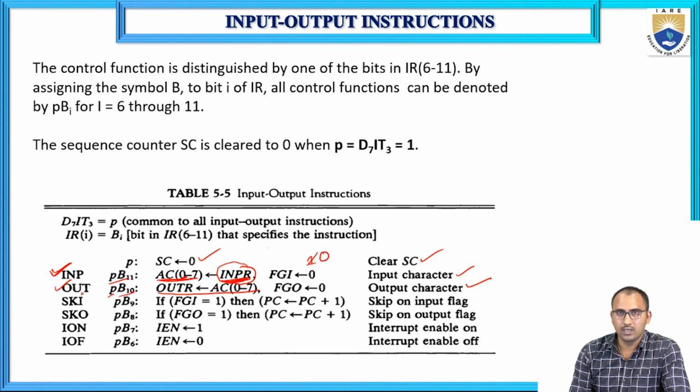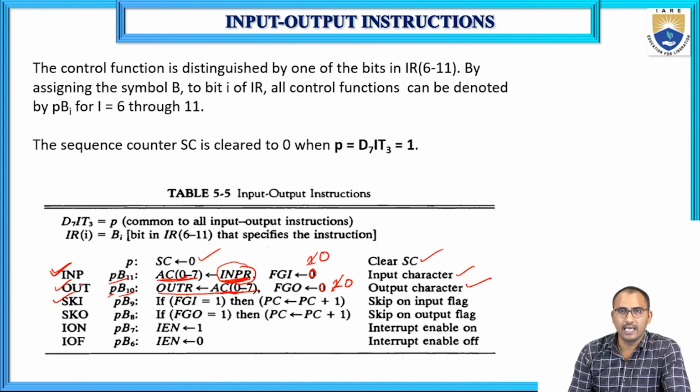Similarly, for output character, before the accumulator data is accepted by the output register, FGO will be 1. But after loading the content from the accumulator to the output register, its value becomes 0. That's why 0 will be loaded into FGO and 0 will be loaded into FGI.